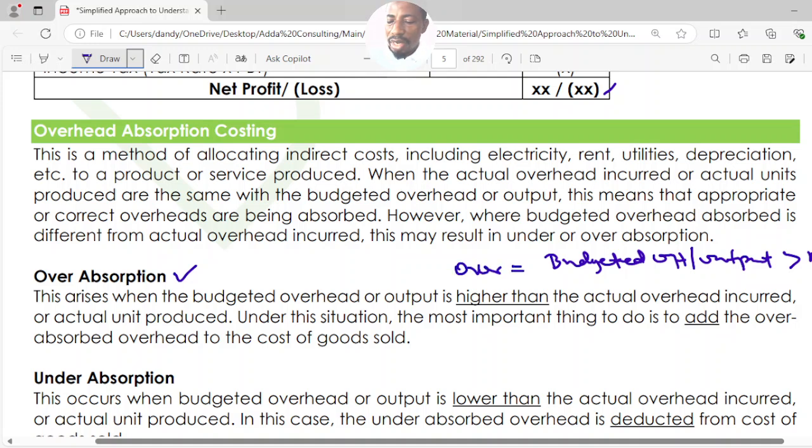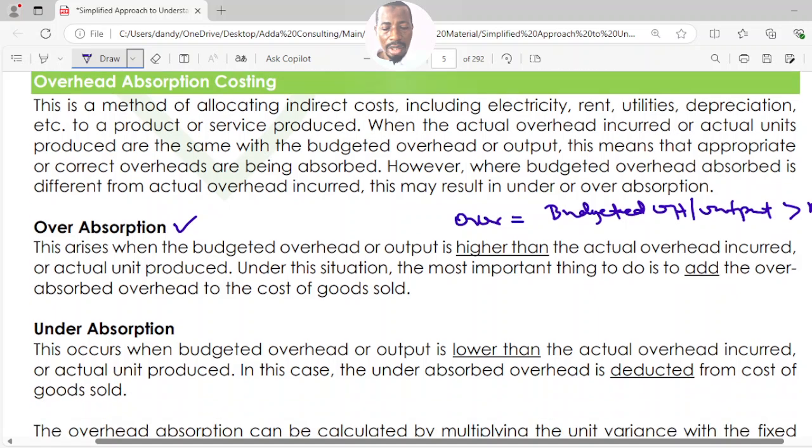The difference in this case between the budgeted overhead and actual overhead, or budgeted output and actual output, is what you are going to add to the cost of goods sold. So that's over absorption.